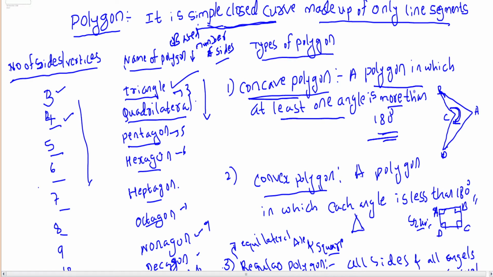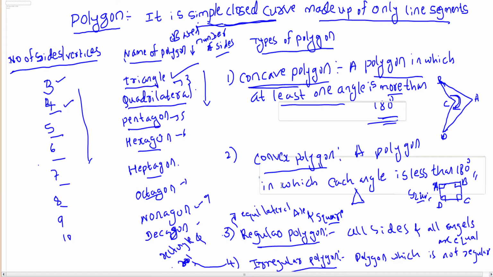Please remember, if one angle is more than 180 degrees, it is a concave polygon. Next, a convex polygon is one in which each angle is less than 180 degrees. You can take a triangle or a square; each angle is definitely less than 180 degrees.